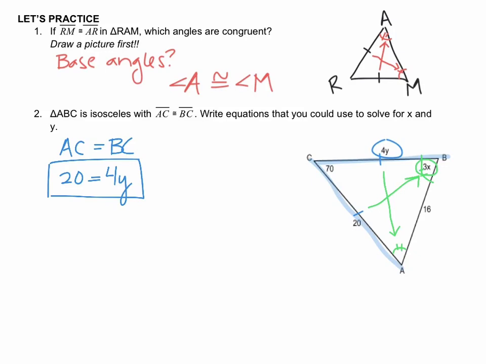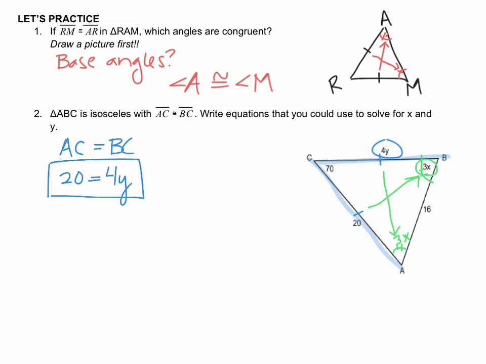Now, since angle B is 3x, I also know that angle A has to be 3x. They are congruent, so I can just write in the same angle measure there. So now I've got angle A as 3x, angle B as 3x, and angle C as 70.